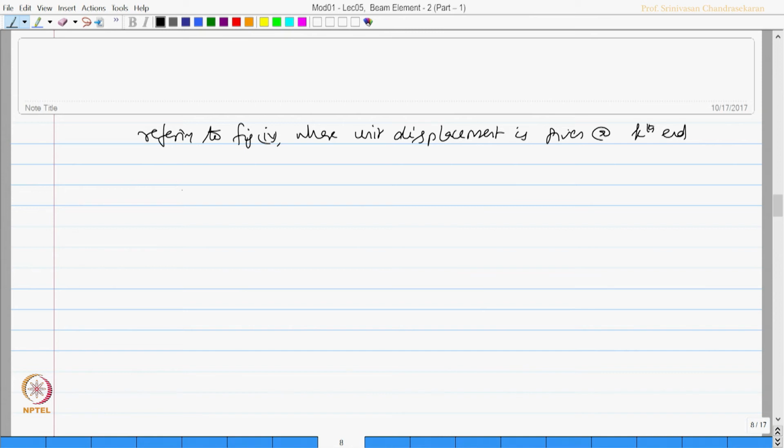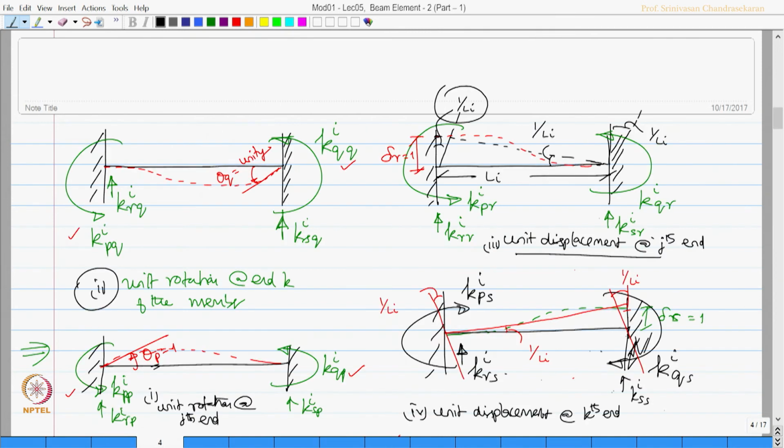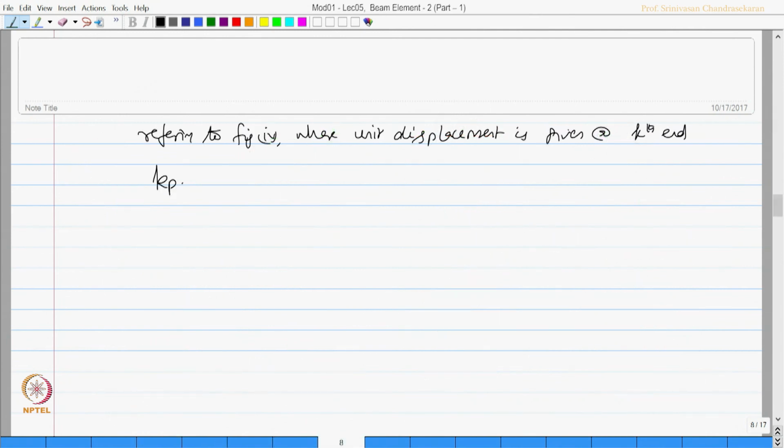So, Kps, that is this coefficient and this rotational coefficient, Kps is minus of Kpp plus Kpq by Li. Kqs is again minus of Kqp plus Kqq of Li.